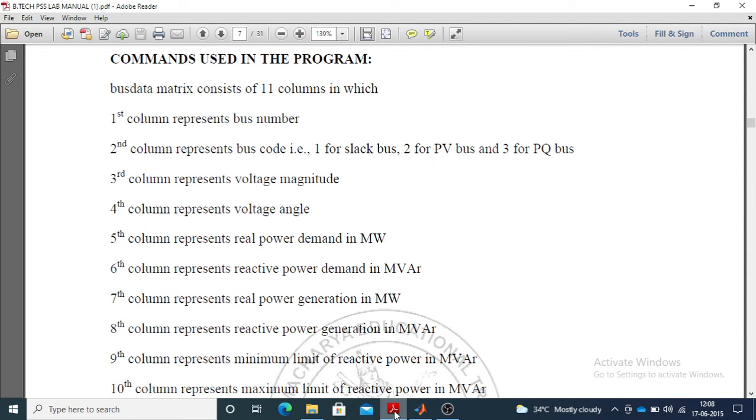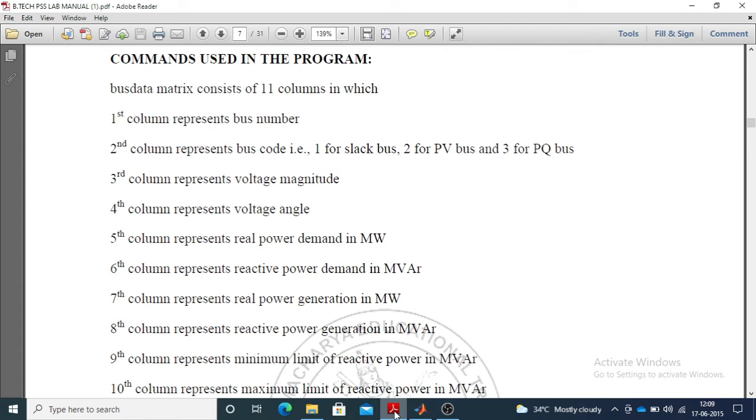The third column represents voltage magnitude, the fourth column represents voltage angle, the fifth column represents real power demand in megawatts, and the sixth column represents reactive power demand in MVAR. Similarly, the seventh and eighth columns represent real power generation in megawatts and reactive power generation in MVAR.